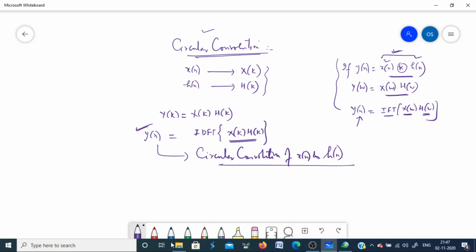The circular convolution is obtained when you find the inverse DFT of the product of two DFTs. So multiplying the two DFTs in frequency will generate a signal in time which is equivalent to the circular convolution of the two discrete time signals.